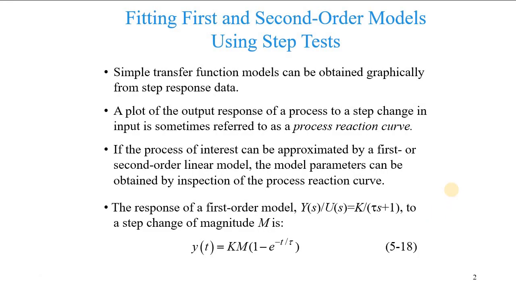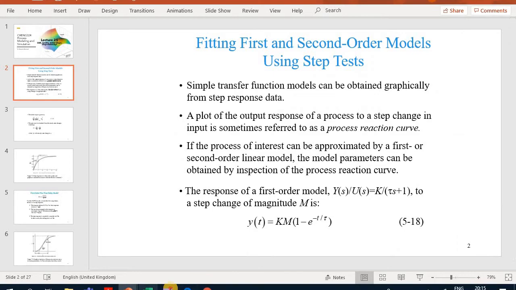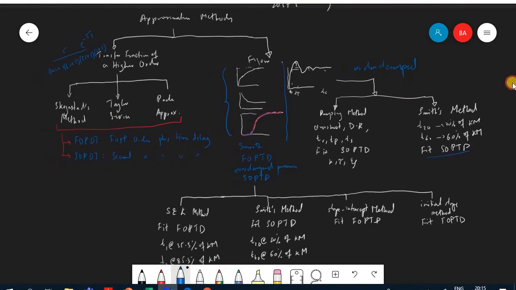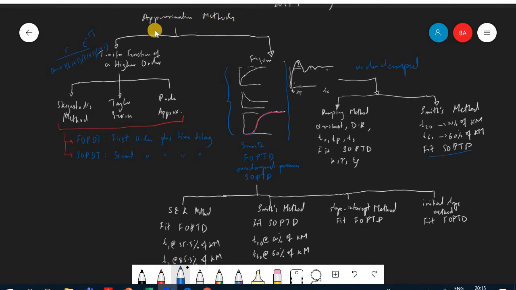Starting the first method that we want to cover here, I just want to remind you of an idea from last time. We said that we have approximation methods, and we apply them to higher order systems.